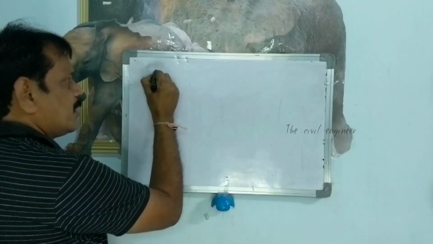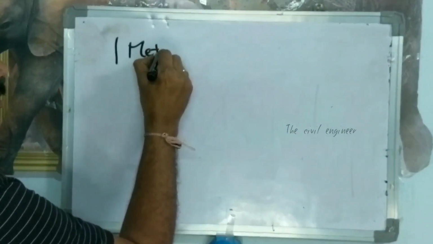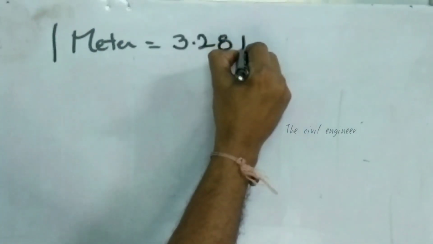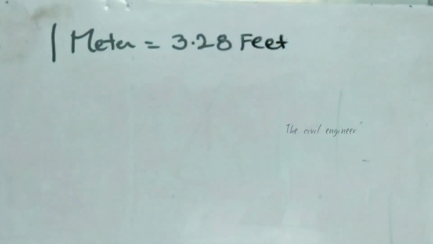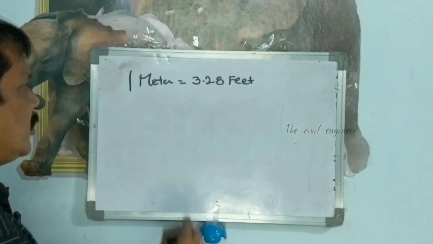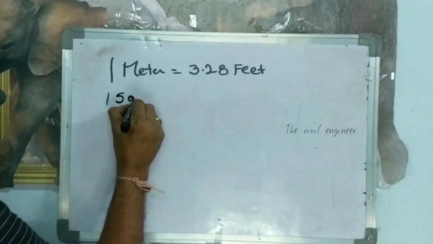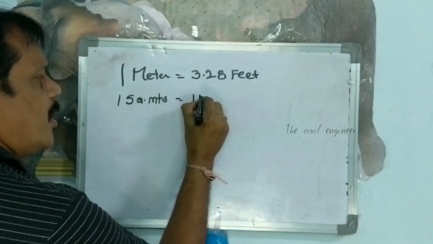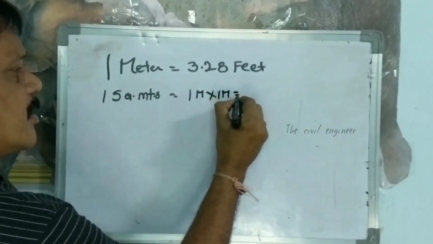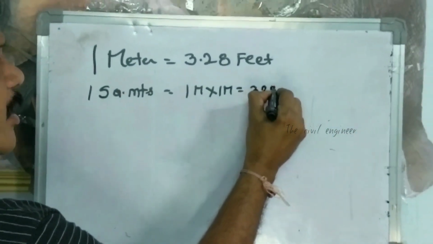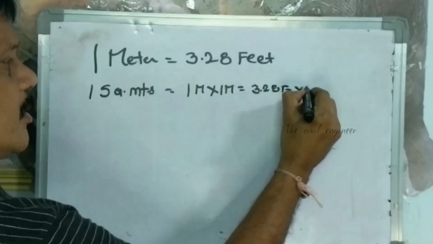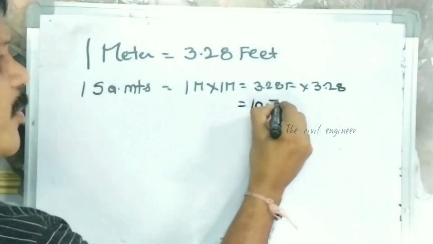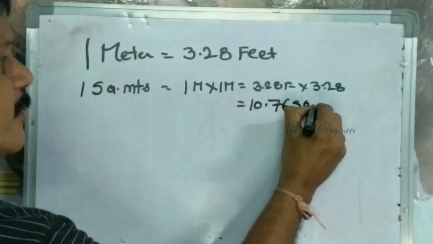First we should know that 1 meter is equal to 3.28 feet. So 1 square meter is equal to 1 meter into 1 meter, that is 3.28 feet into 3.28, which is equal to 10.76 square feet.